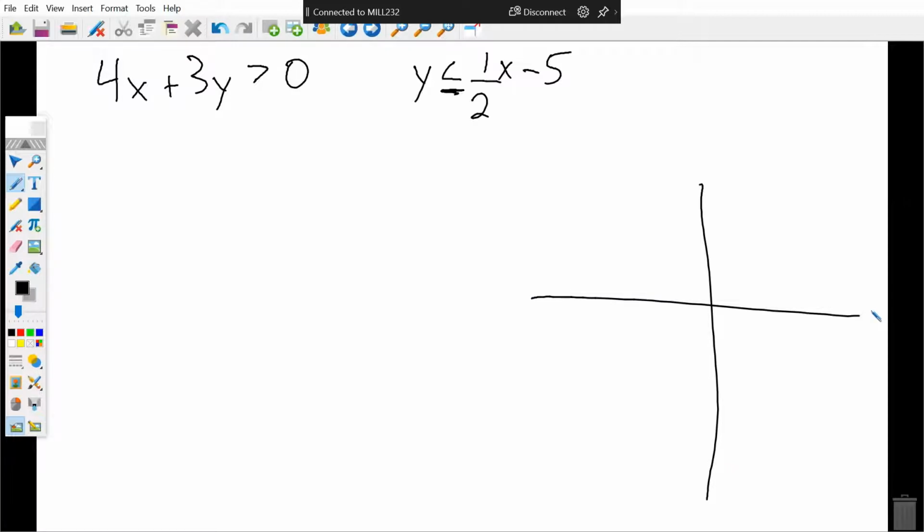Pick one of the lines and graph it. I'll start with the first one here. I gotta get the y by itself, so I minus 4x from both sides. 3y is greater than negative 4x plus 0, you can put the plus 0 if you want, you don't have to. Divide both sides by 3.